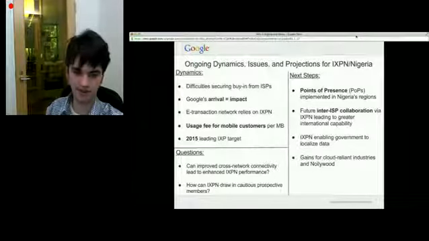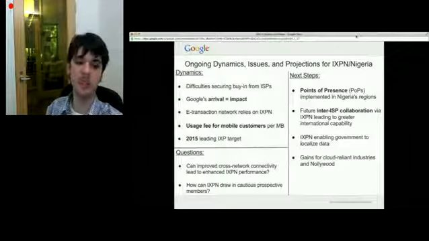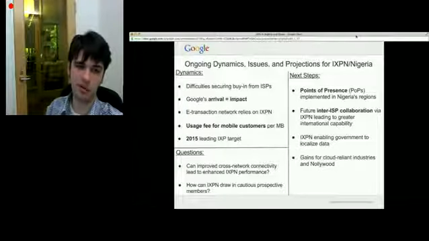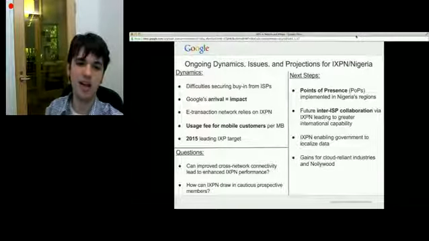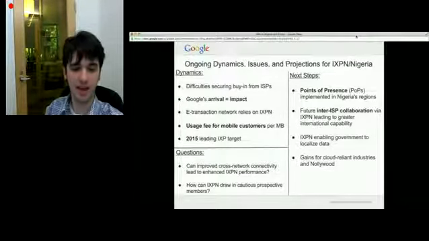You've seen things like InterSwitch, which is an e-transaction network, all of a sudden conducting its e-transaction exchanges with the help of the IXPN.